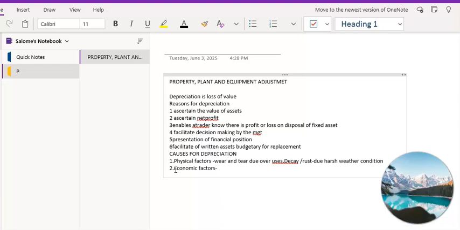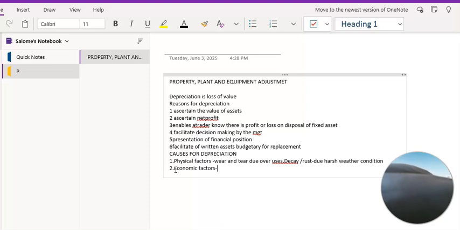So under economic factors, there is inadequacy. Some items lose value due to them becoming inadequate. For example, we have heavy machineries that are very inadequate, they are not enough for everyone. So this makes them overused, and due to that, they do lose value.